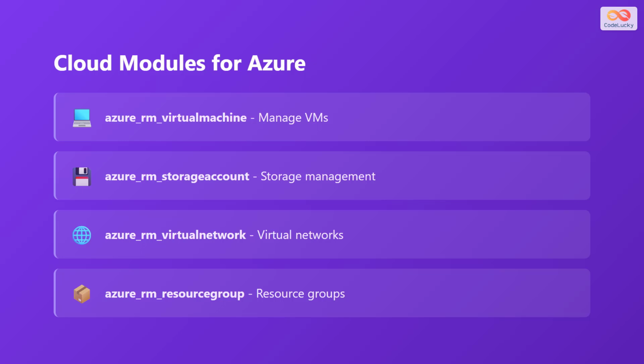For networking, the azure_rm_virtualnetwork module creates and manages Azure virtual networks. Finally, the azure_rm_resourcegroup module manages resource groups, which are containers that hold related Azure resources for easier management and organization.